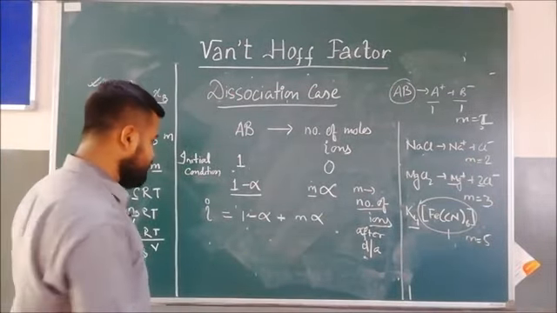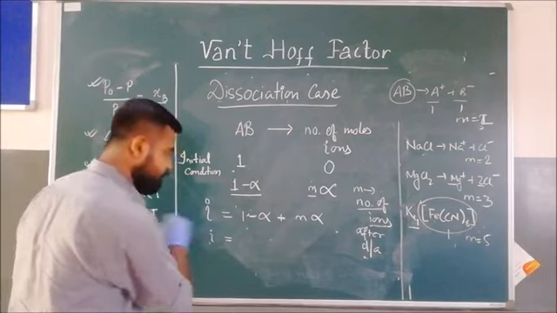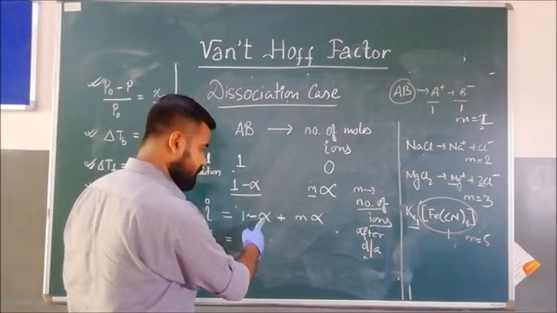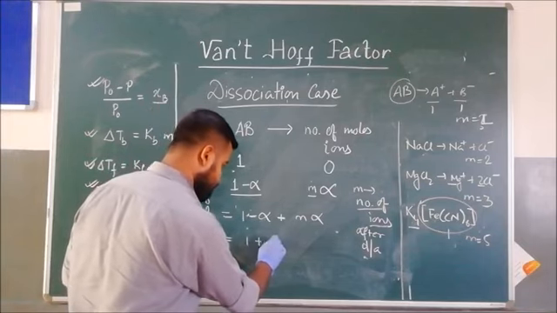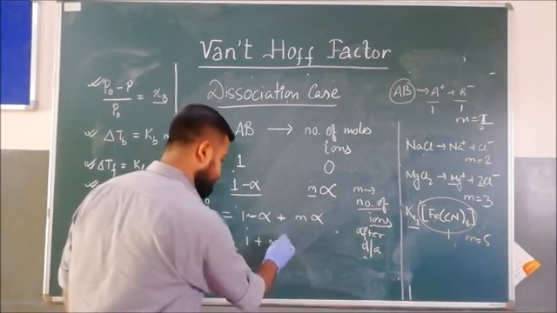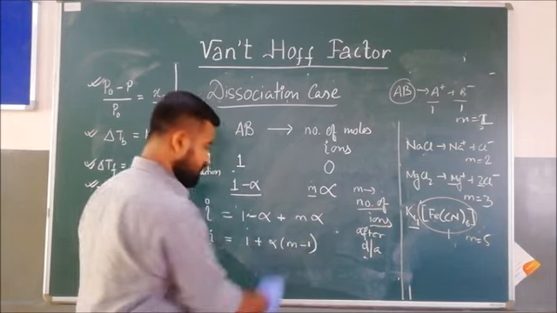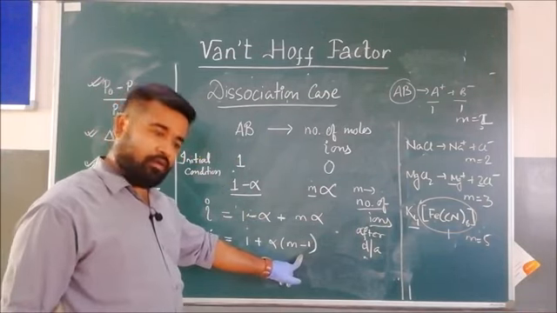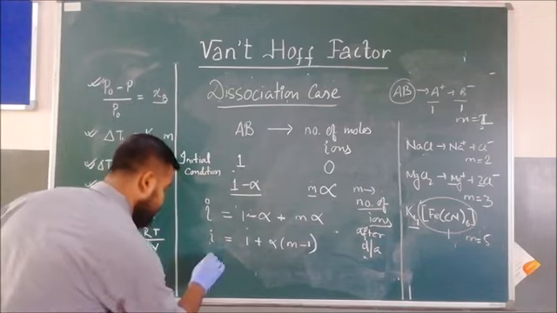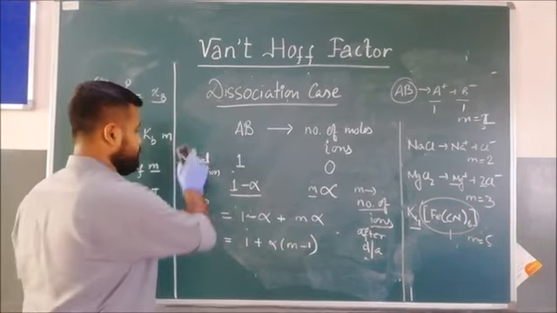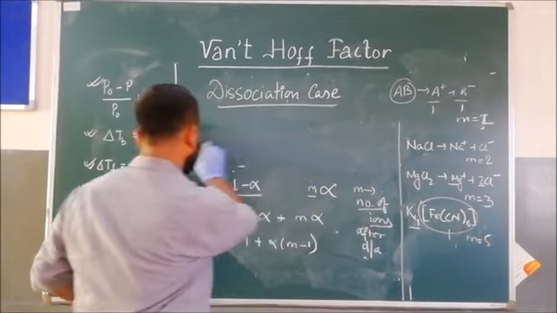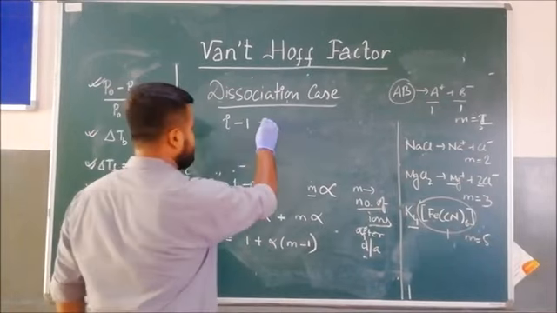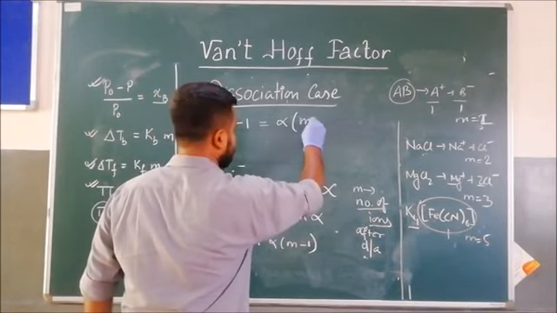Clear. So what can we write? i equals, if we take alpha common, then it is 1 plus (m minus 1) alpha. So we can write it like this: i minus 1 equals alpha into (m minus 1).